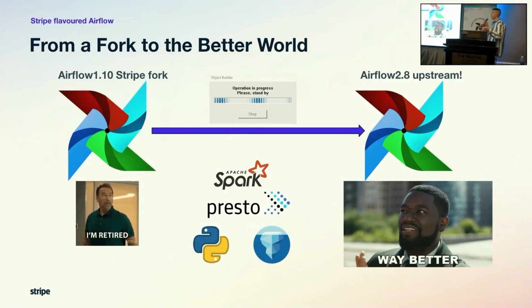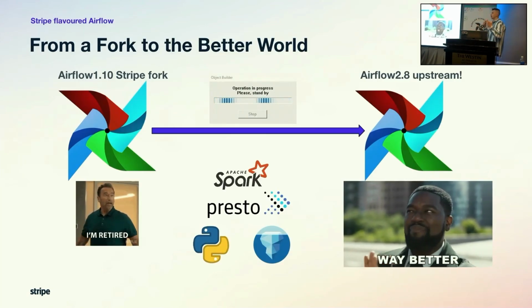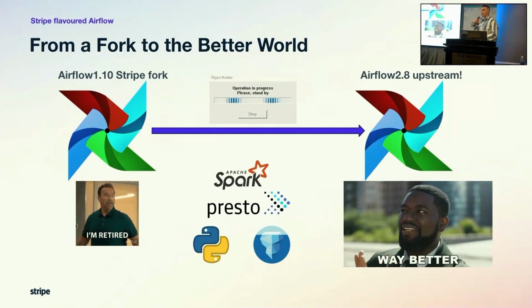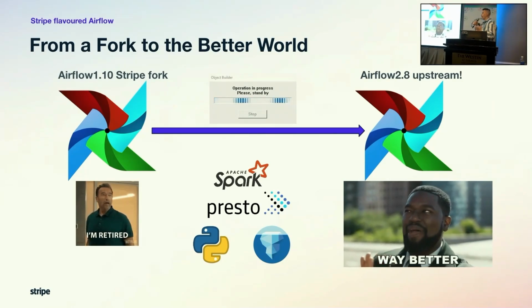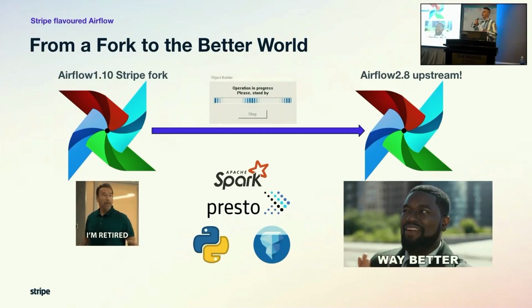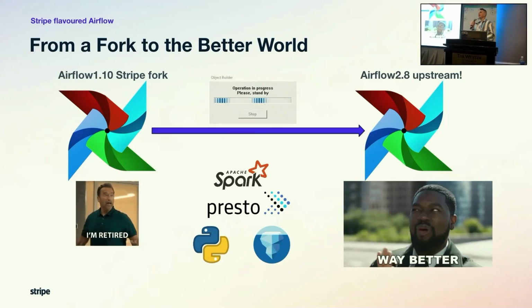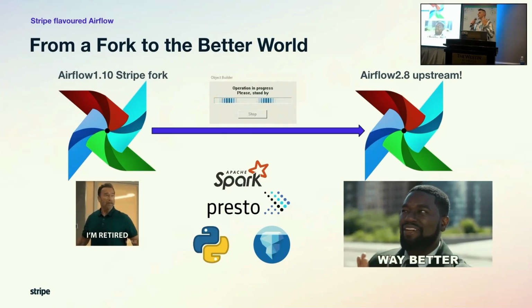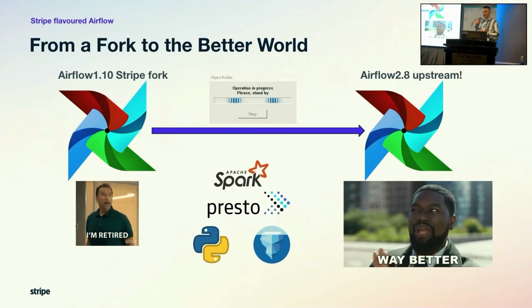Before we go deeper, I want to share some specifics that might be important to understand what we have at Stripe. Currently, we are still on Airflow 1.10, and not simply Airflow 1.10, but a specific Stripe fork with a lot of customization we made over the years.